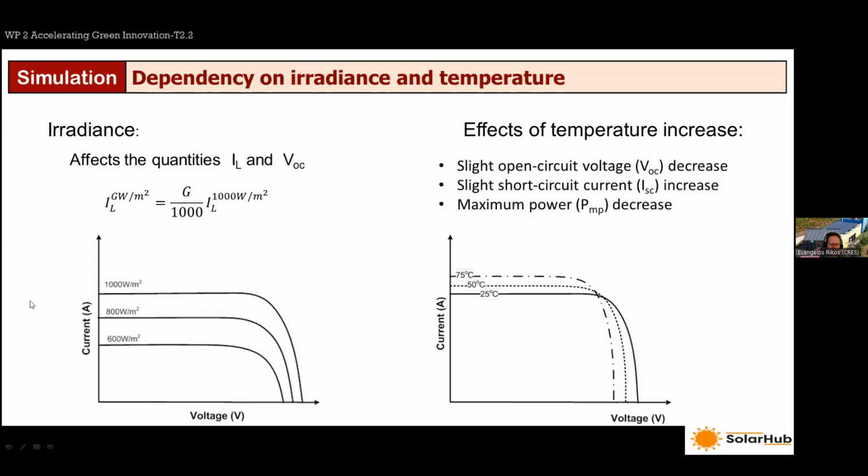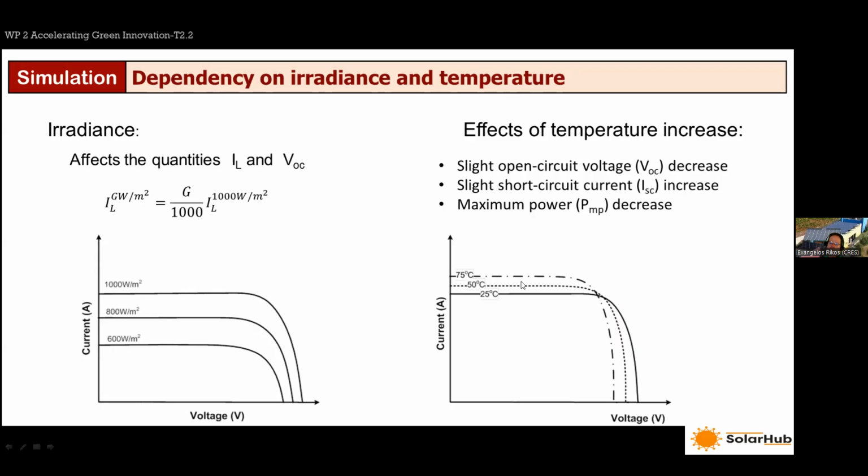So this part of the curve here changes proportionally to the light. But there is also some change in the open circuit voltage. The open circuit voltage also reduces slightly with lower radiation.